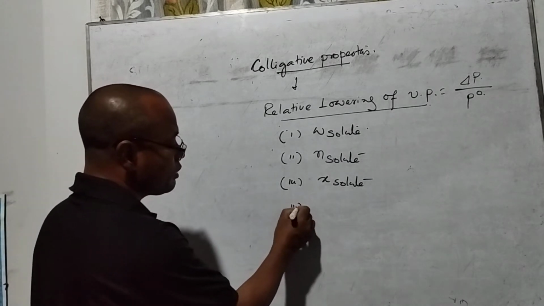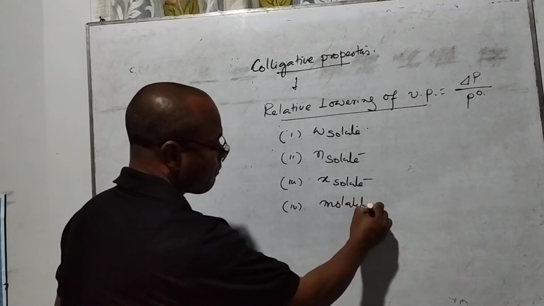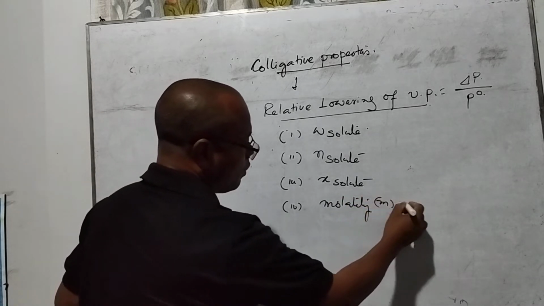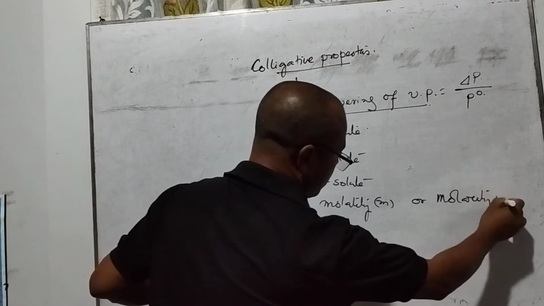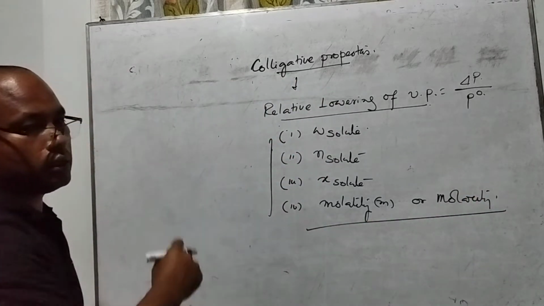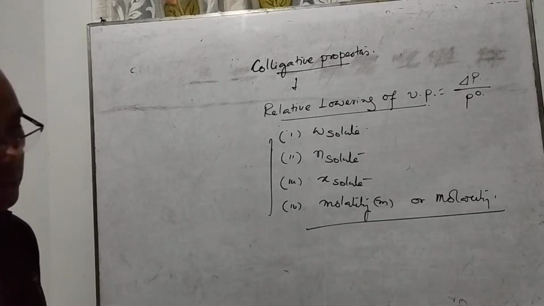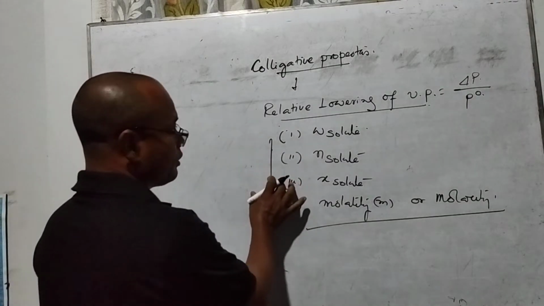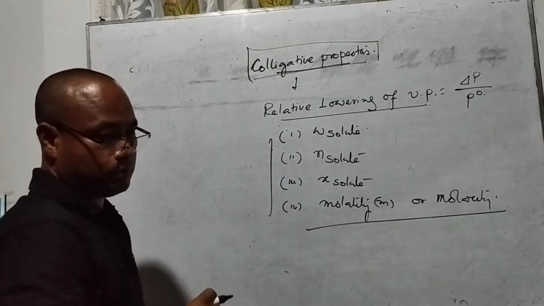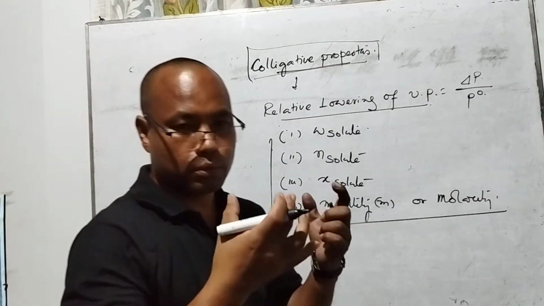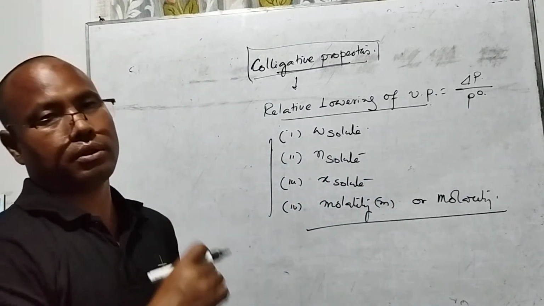So what concentration term can we say here? Molarity, or it can be said the molarity, right? So these are the different expressions of the amount of the solute here. So now here, when we explain the colligative property, what is the property of the liquid, right?